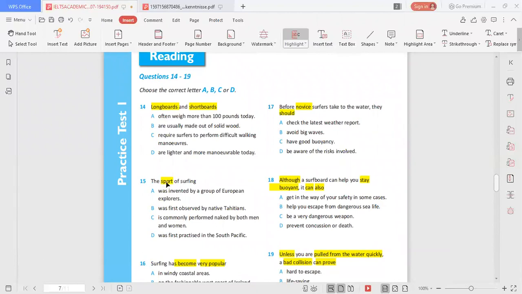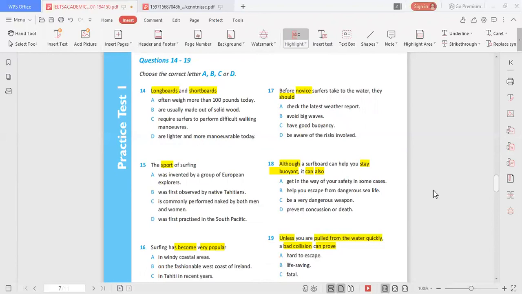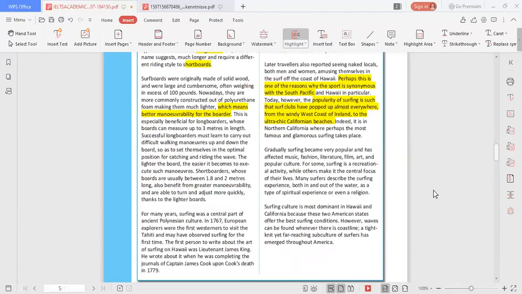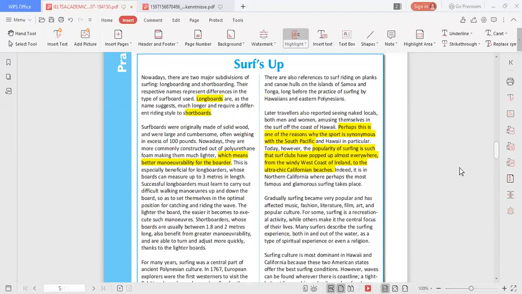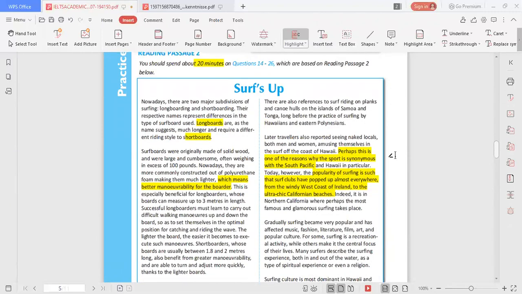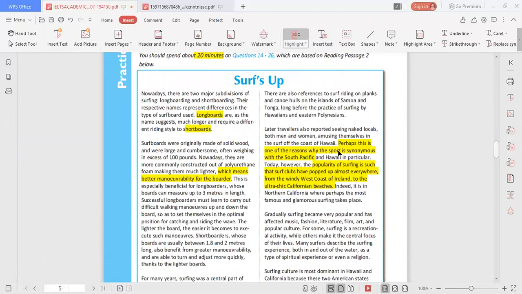But here, the sport. So I find that specific to question 15. So I go on and I read, and amazingly, it's so far away from where we left off to answer the previous question. You read on, read on, read on, and the only time you will hit the word sport, okay, was here, this sentence that I've highlighted for you.